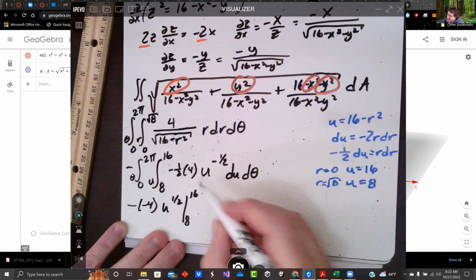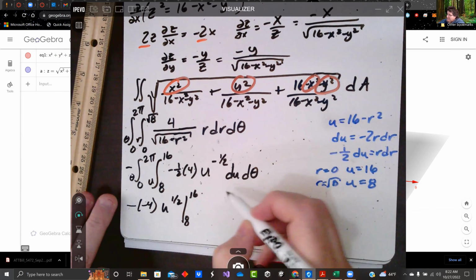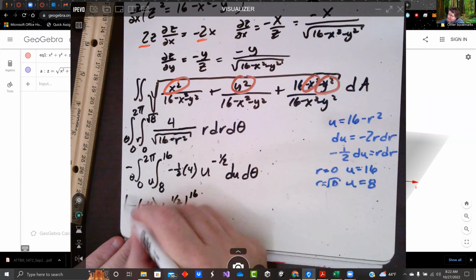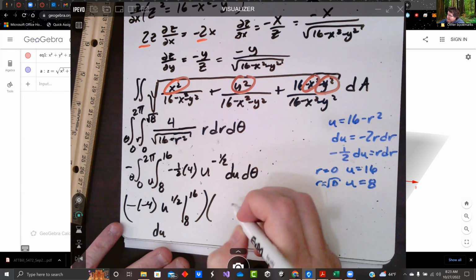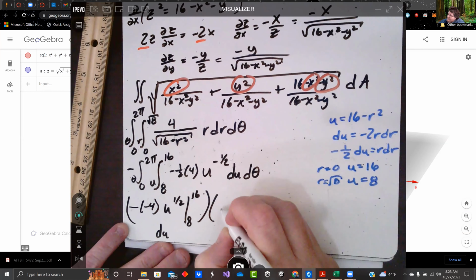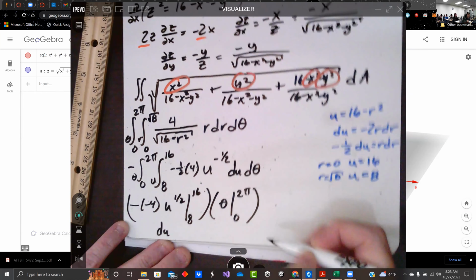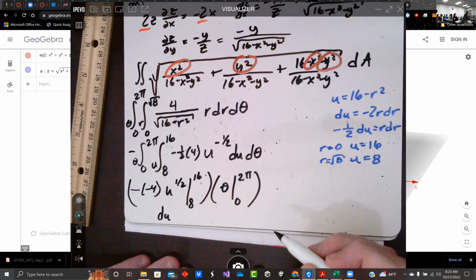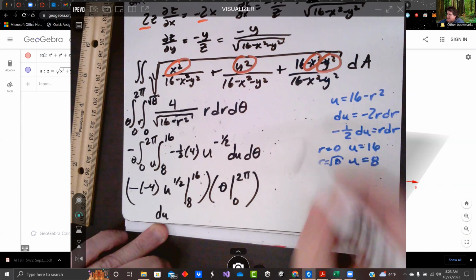And I could separate out the integral of theta. So this is the du integral. The d theta integral, since they are now separable, I've got theta from 0 to 2 pi. Wait, how can you pull out a 4 and not a 2? With the original. The square root of 16 is 4.